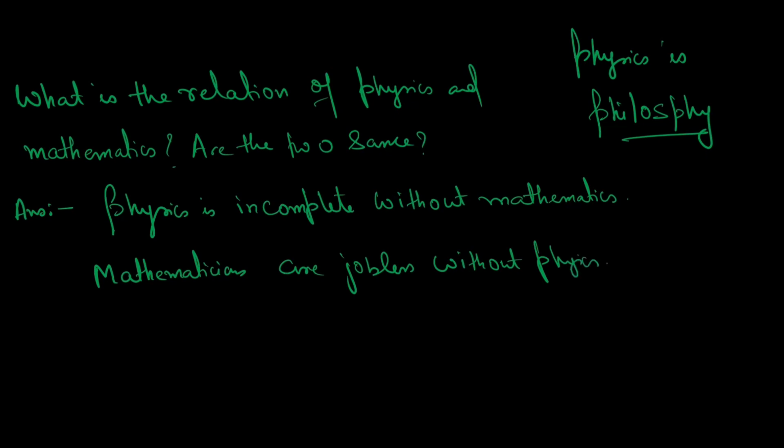There is a famous quote that physics is the king of science while mathematics is the queen. You might be asking, sir, what is happening over here? That means both of them have a relation like husband and wife. They are fighting with each other and they cannot live without each other.